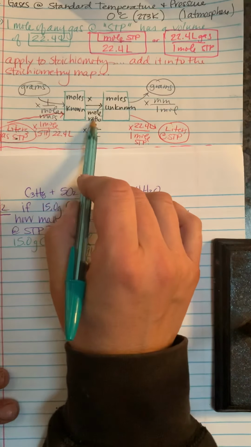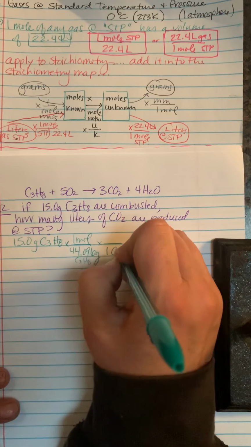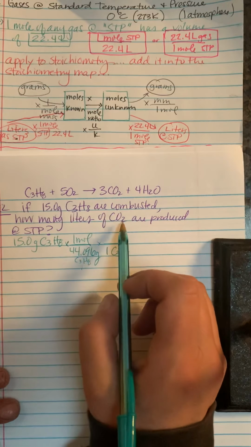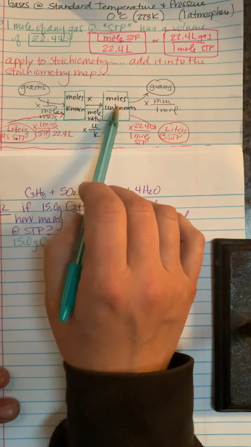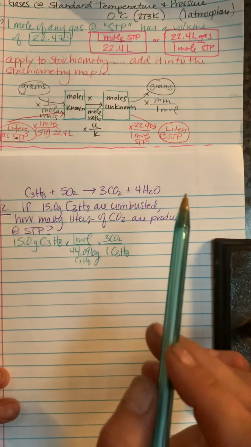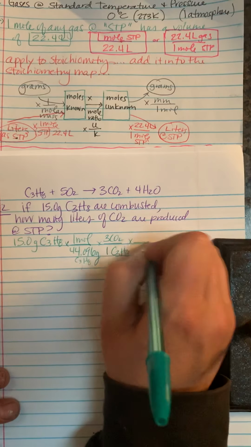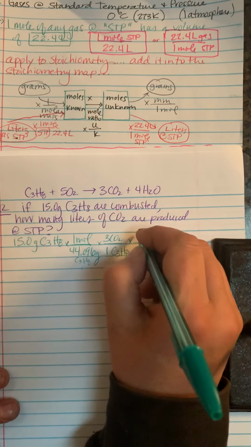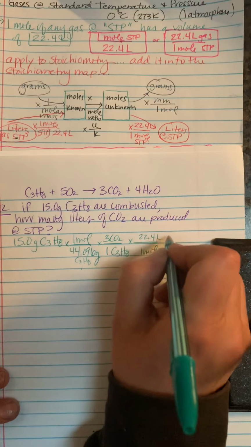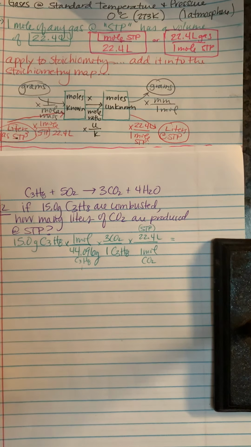Then we need a mole ratio, and that's going to be a C3H8 on the bottom, so that's a 1. And on top is going to go CO2, which is 3. So that gets us to here. And then we are asked to answer in liters of gas at STP. So we know that for every 1 mole of CO2, there's 22.4 liters at STP. And so we're going to multiply here.